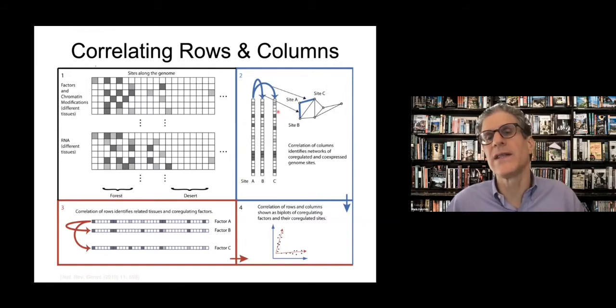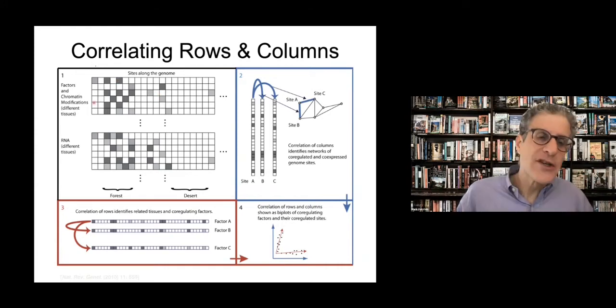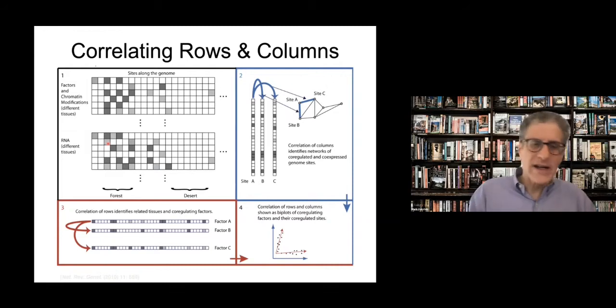Now, the key thing to realize is that you could also imagine doing this over columns of the matrix. So if the columns are sites on the genome, or let's say they're genes, and imagine, just for simplicity, let's say this RNA is RNA in different tissue or RNA at different times. You can correlate all the genes. Are they on together?